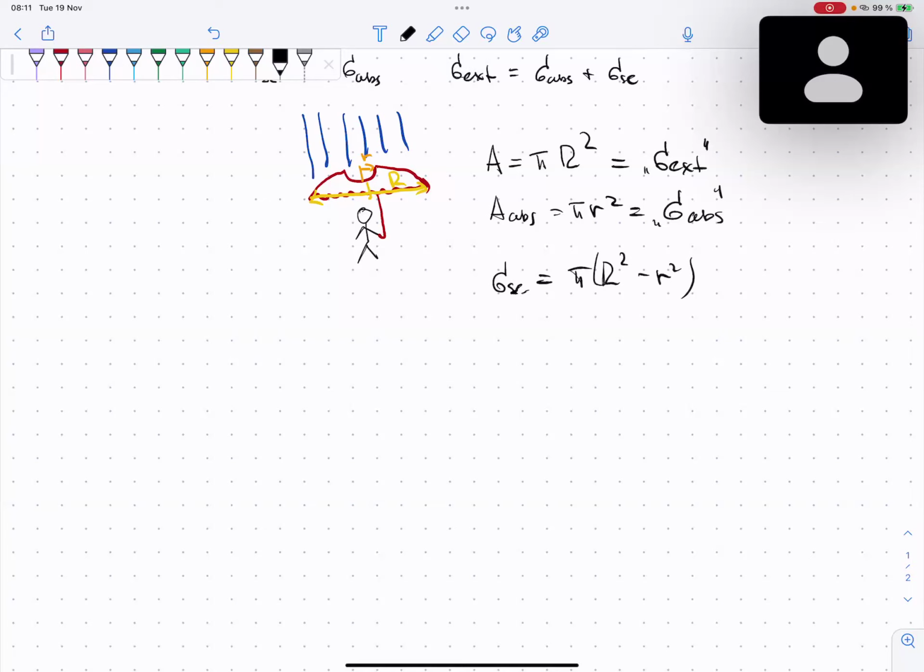Okay. So basically, if we look at the scattering coefficients as a function of the wavelength, we will actually see something like this.